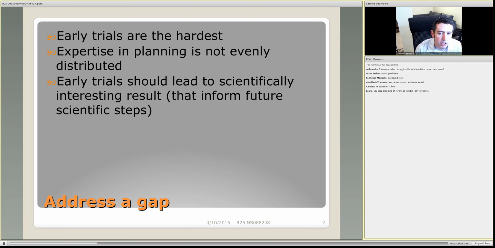You really want to use this opportunity with your patients and the volunteers who are acting in your research to do as much as you can to learn something that gives you the ability to scientifically decide if and how you should go forward with that intervention. And that's a large part of what we try to do when we design trials in this course.